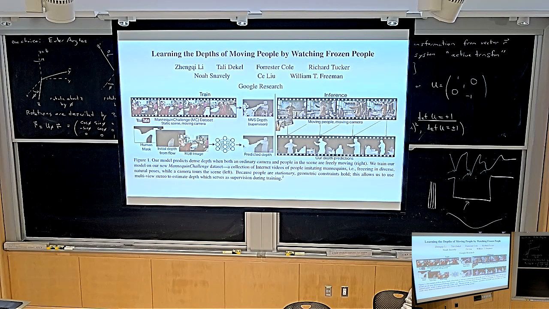You're all sitting here, and now I want to take a picture of you and put it into my monocular depth estimator. What will happen? It'll give you garbage. Why is that? It's because in 99% of the scenes that you reconstructed with structure from motion, the depth of the people was wrong, or it just failed. So you have very, very little data where you have correct depth estimation for people that are moving.